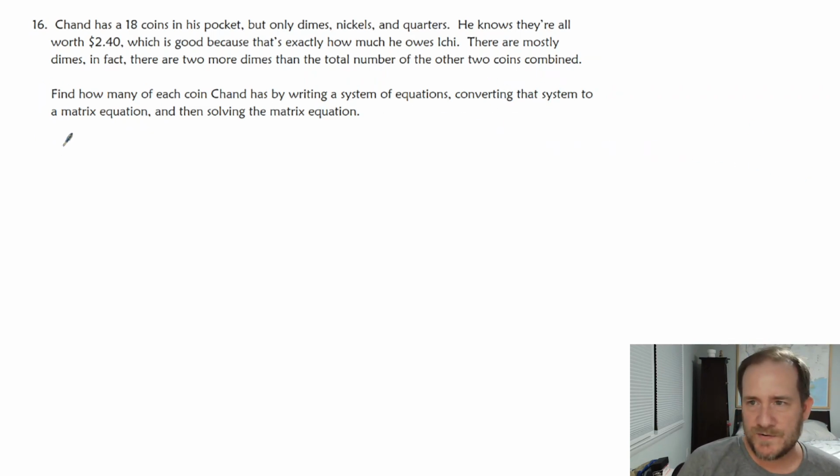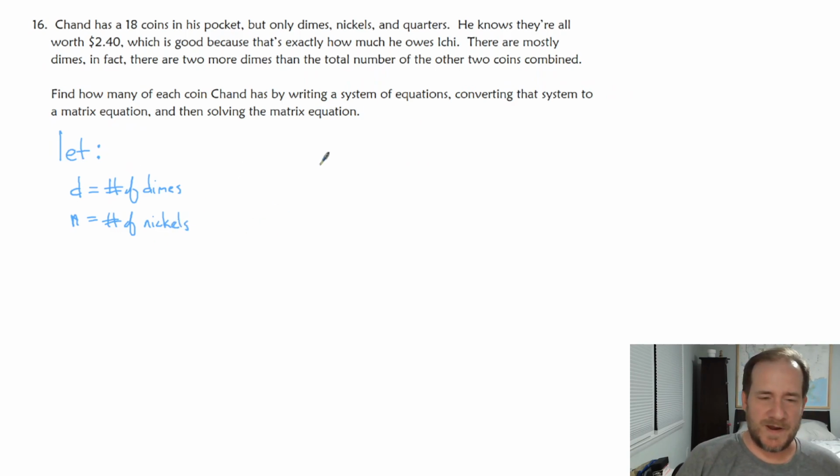Alright, one thing I did not tell you to do is write a let statement. I would like you to write a let statement. Dimes, nickels, quarters. D seems like a good variable. D is going to be number of dimes. Pretty obviously. Nickels, number of nickels.